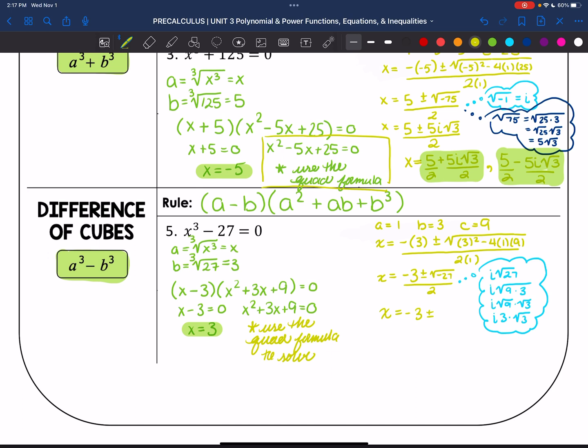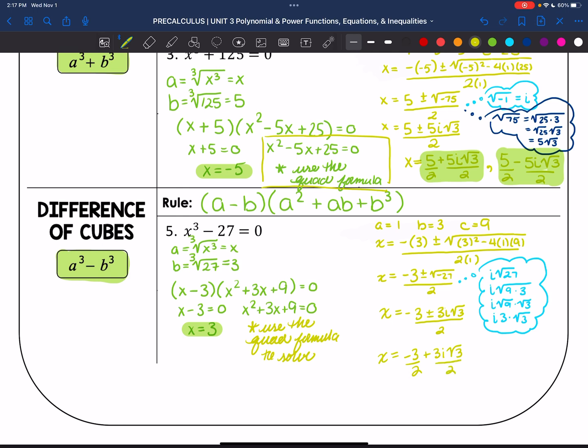We want to put that 3 and then the i, square root 3, all over 2. All right. Now, lastly, let's write this as our 2 different answers. What are those 2 different values? Negative 3 plus 3i square root 3. Both those terms divided by 2.